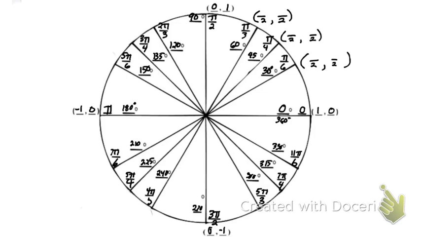Here's the way I think is the easiest way to remember this. I use sine as the sign that tells me where to go. Sine is your second value. It starts at 0. I'm just going to count up: 0, 1, 2, 3.